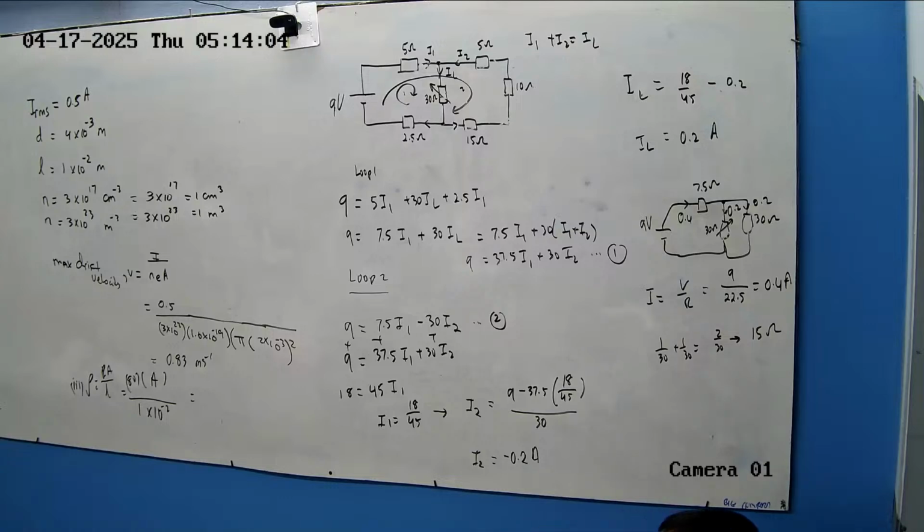Right, 2019 number 2 part B has a Wheatstone bridge. Let's just take a look at that now. There's a Wheatstone bridge in 2019 number 2 part B.